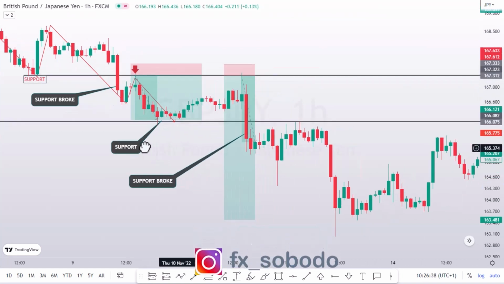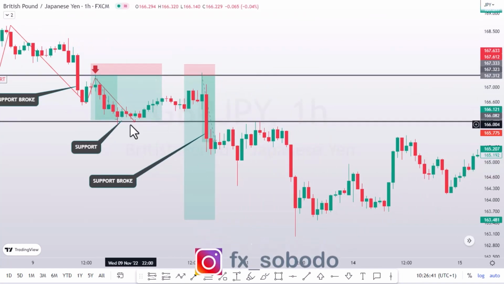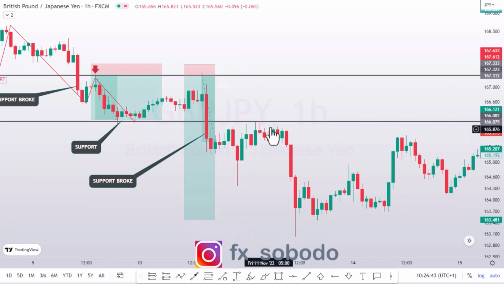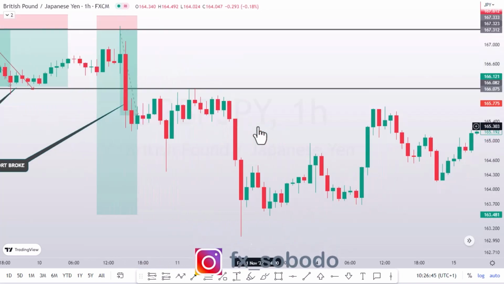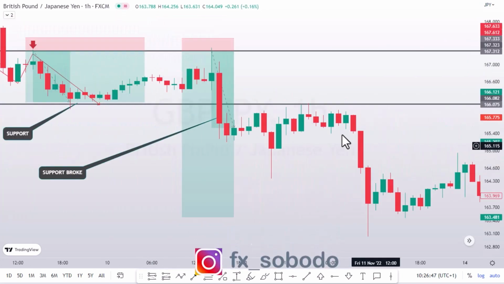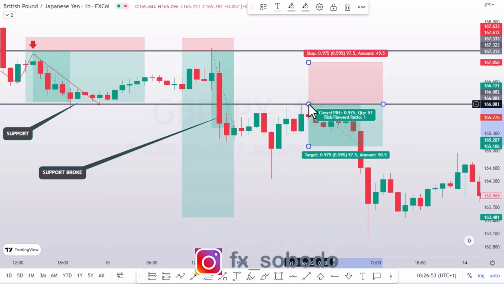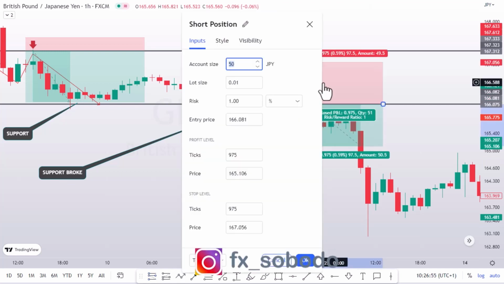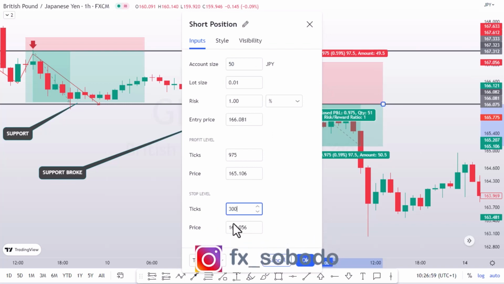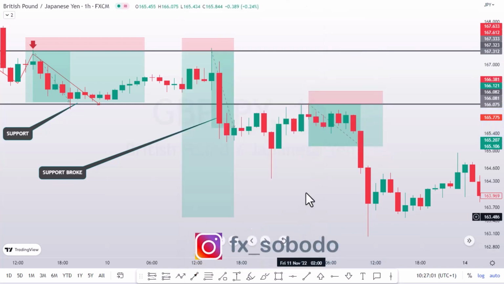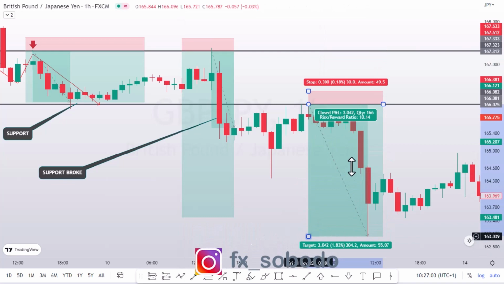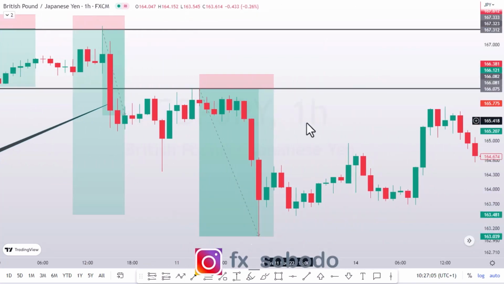You see, our level here, this support here, got broke. And what? The retest. You see how price came and retested this zone. Upon doing that, it is an opportunity for us to take advantage of by just risking 30 pips. You see how the market then dropped.